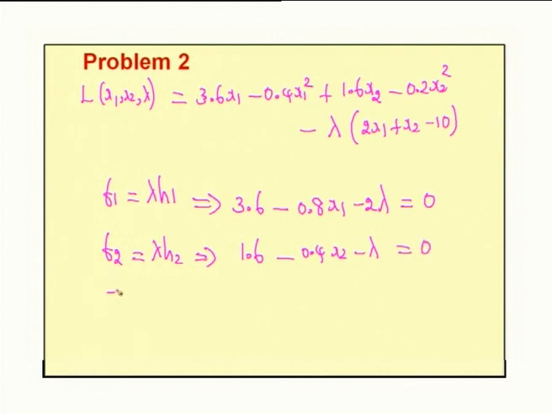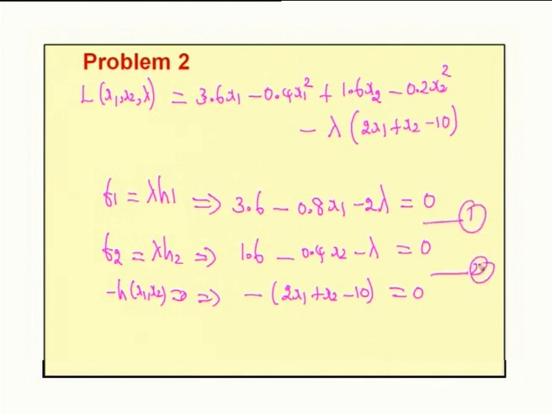And the third condition minus h of x1 x2 equal to 0 implies minus of (2x1 plus x2 minus 10) equal to 0. So, by making use of this necessary condition, we will get these three equations. We name them equations 1, 2, 3. Now, by solving equations 1, 2, 3, we can get the values of x1, x2.